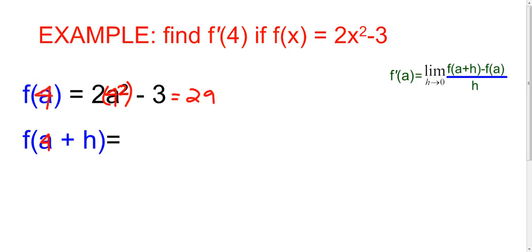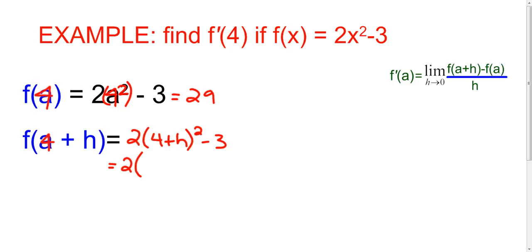If I put 4 in for a here, then f of 4 plus h, okay, is going to be 2 times (4 plus h) squared minus 3. This takes a little bit to simplify, but I do need to simplify it. Okay, so when I square 4 plus h, just remember that you can't square the 4 and you can't square the h.